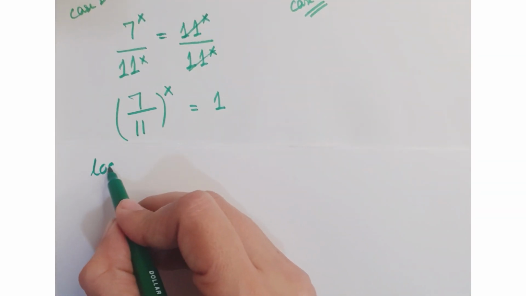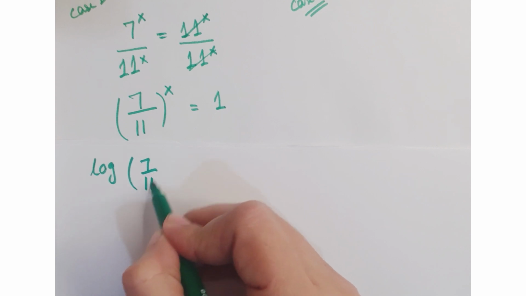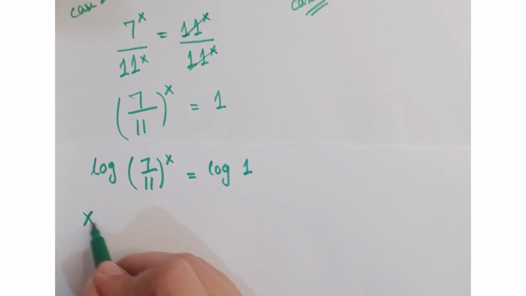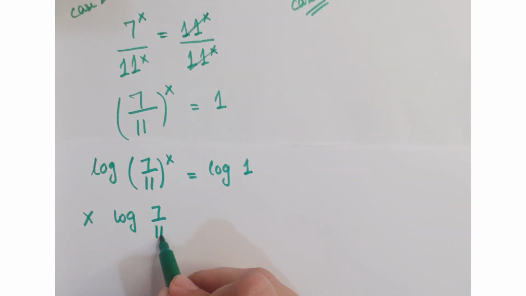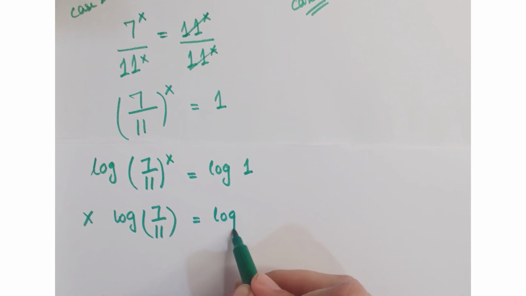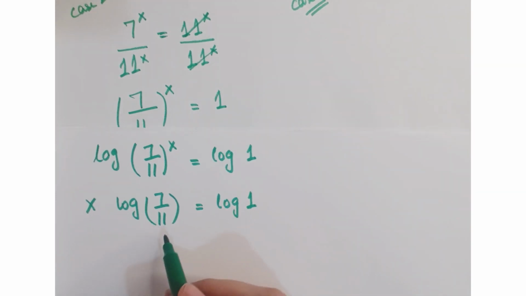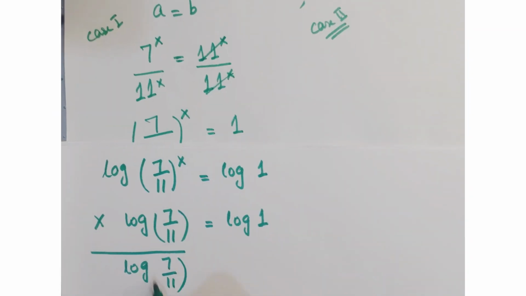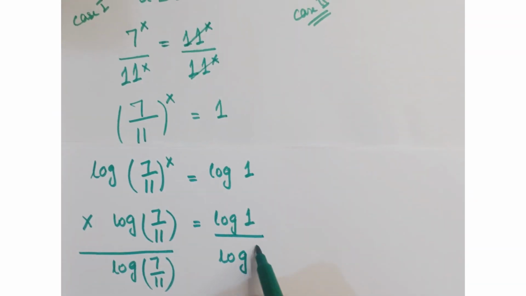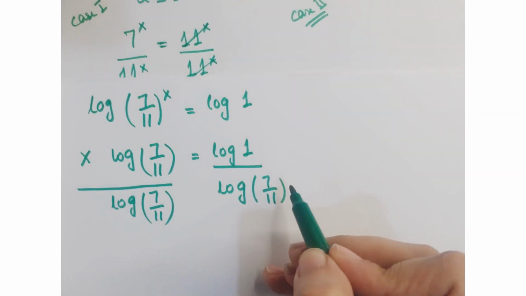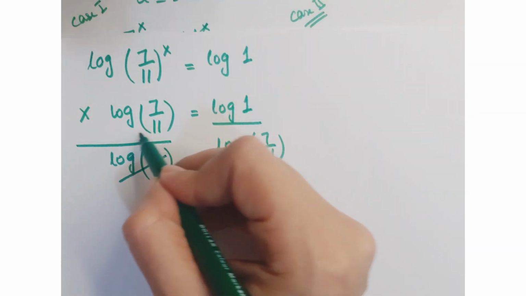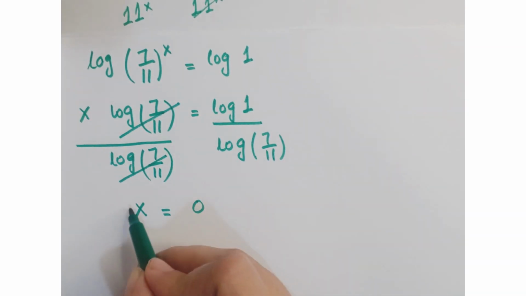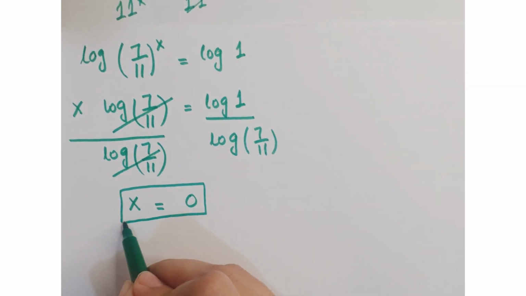In order to solve for x, taking log on both sides, we get x log(7/11) = log 1. Dividing by log(7/11) on both sides, this term gets cancelled. So we have x, and log 1 has a value 0, so x = 0.